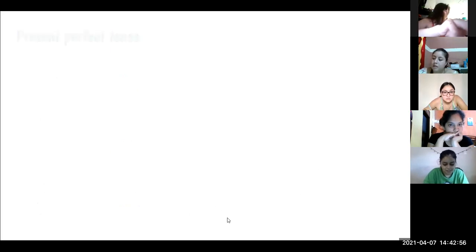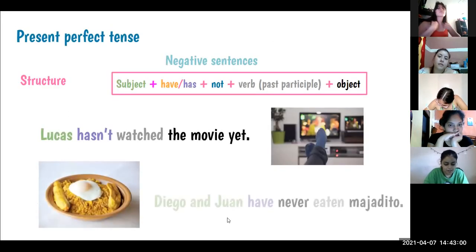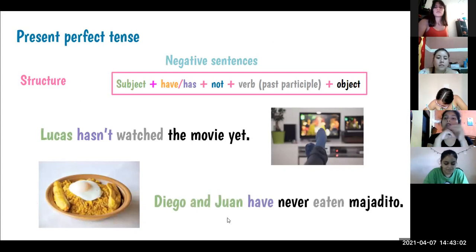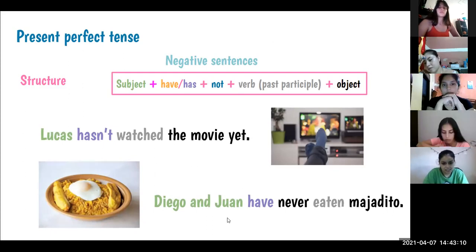Okay. What about the negative sentences? Lucas hasn't watched the movie yet. What does it mean in Spanish? Lucas no ha visto la película aún, o no ha mirado la película aún, ¿cierto?